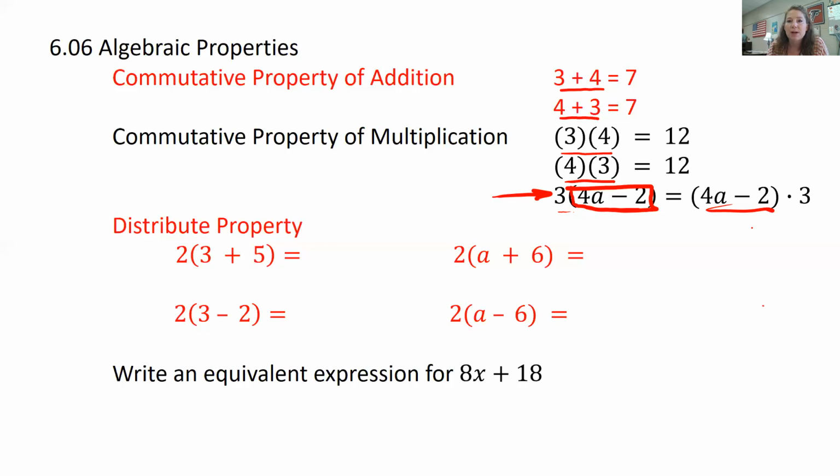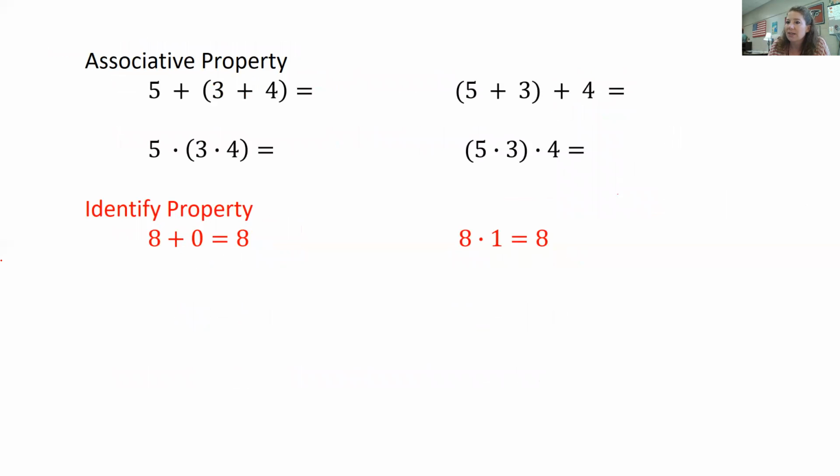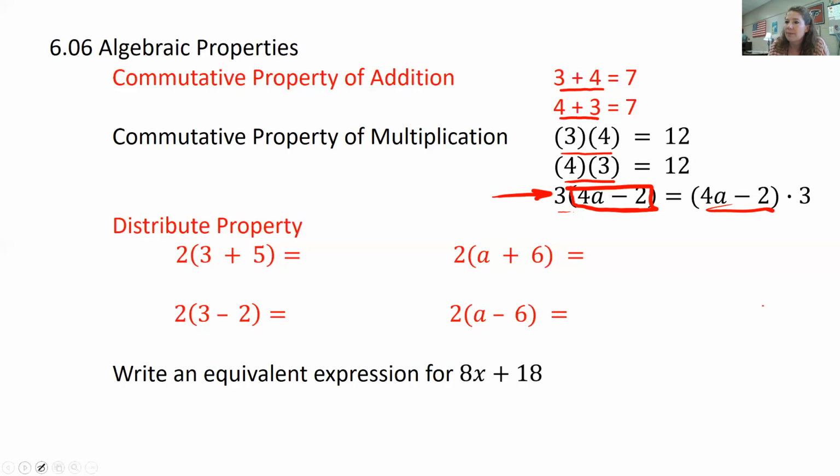So when you're identifying properties and you have a problem like this one, you might be a little confused, but basically it's keeping your factors the same, but you're changing their order, okay? So on the last one, we're finding the product of 3 and 4a minus 2. So you've got to keep 4a minus 2 together, bring it to the front, and multiply it by 3.